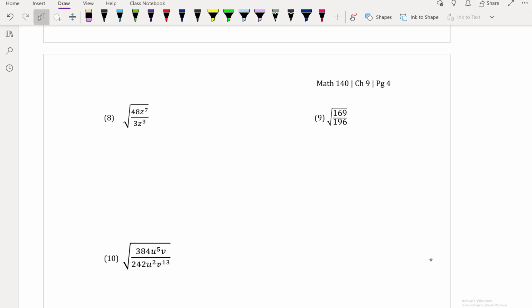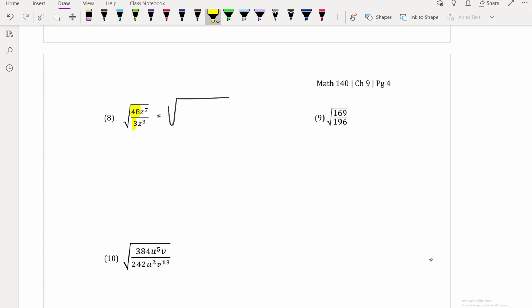So let's keep chugging along at these problems. So now we're going to be dealing with division. So with the division, what's really nice about this is you can go ahead and split it out if you need to, or you can combine them. So that's kind of the cool thing about this. So the way I think about this is, well, if I look at the number first, I have 48 and 3.